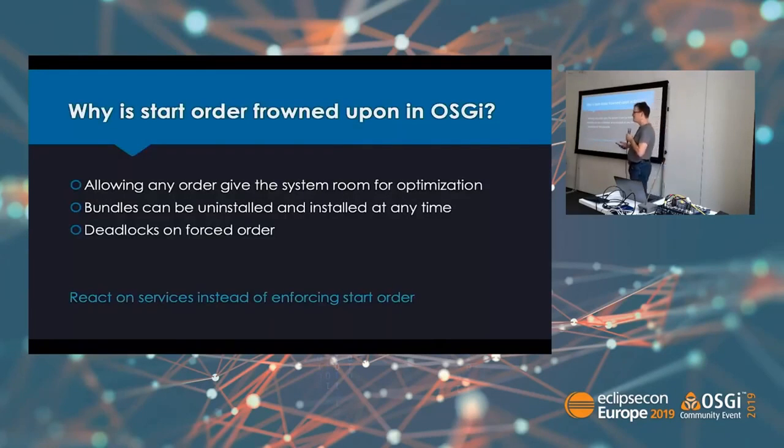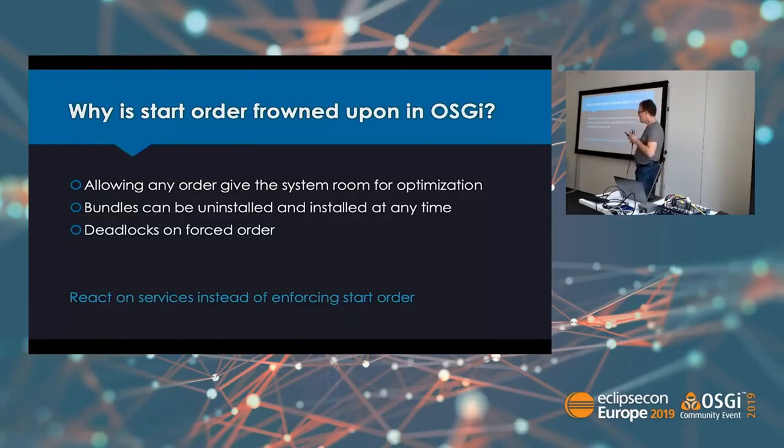So the question is, why do the OSGi experts normally tell you that start orders are a bad thing? The one thing about it is, when you have a start order, maybe even each bundle with its own start level, it means your system can only start exactly in that way.